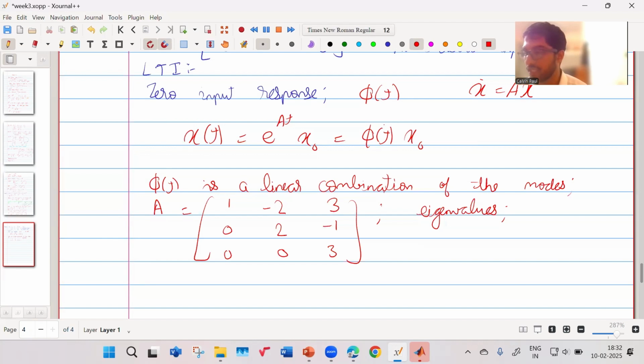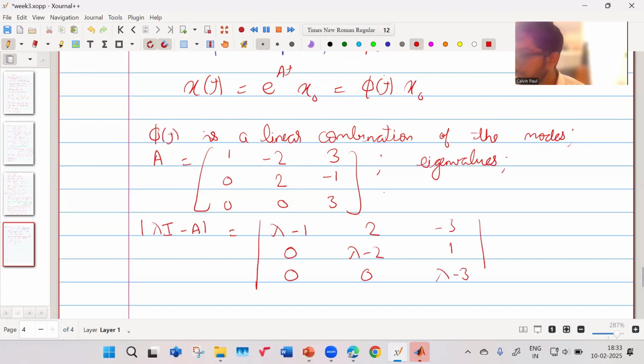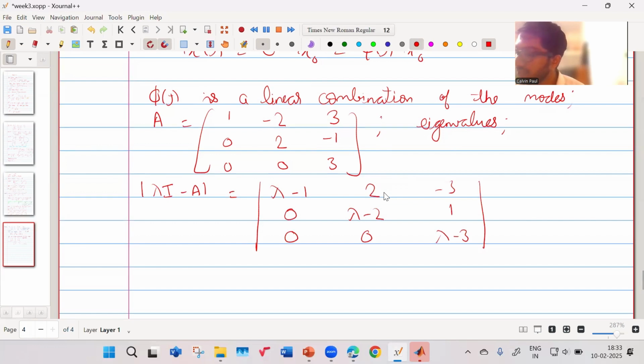Okay, so how do you find the eigenvalues of this? The eigenvalues are found by taking the determinant of lambda I minus A. That is [lambda minus 1, 0, 0, 2, lambda minus 2, 0, minus 3, 1, lambda minus 3]. If you find the determinant, this is lambda minus 1 into the bracket lambda minus 2 into lambda minus 3 minus 0, then minus 2 into 0 because of this, and this is minus 3 into 0.